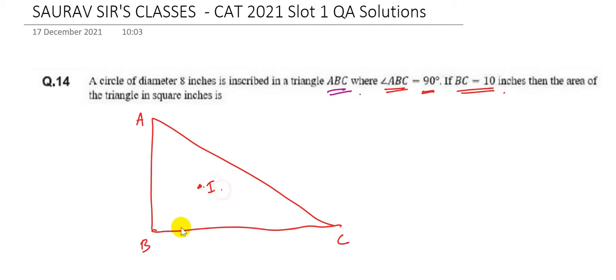Let's say this is I. So we know that the incenter is the point of intersection of the angle bisectors. So if I join BI and CI, then angle IBC will be 45 because it's the angle bisector. This is also 45. And I can draw the in radius.